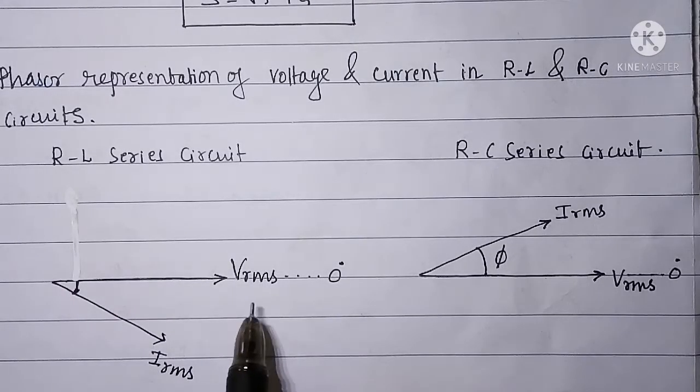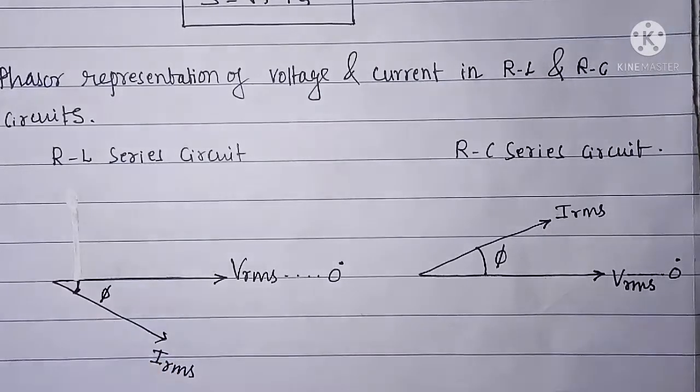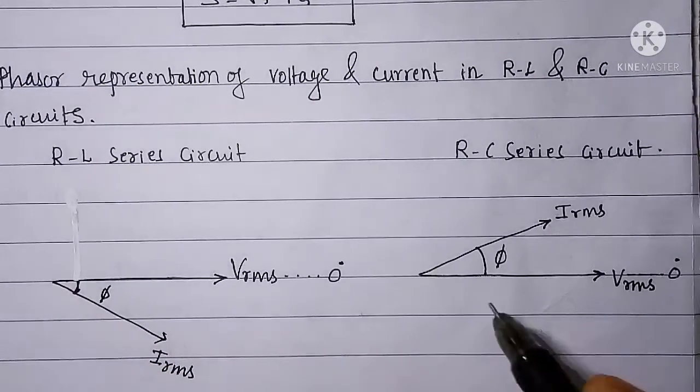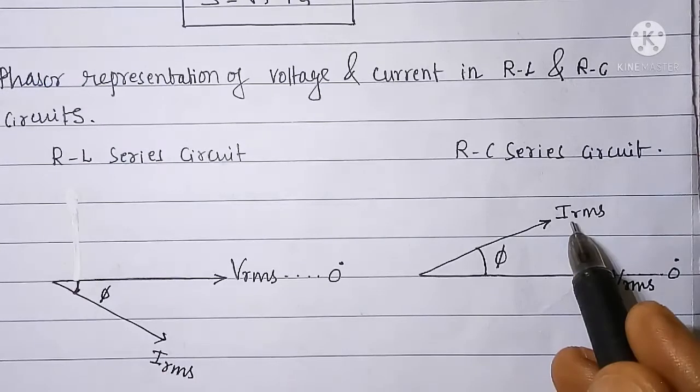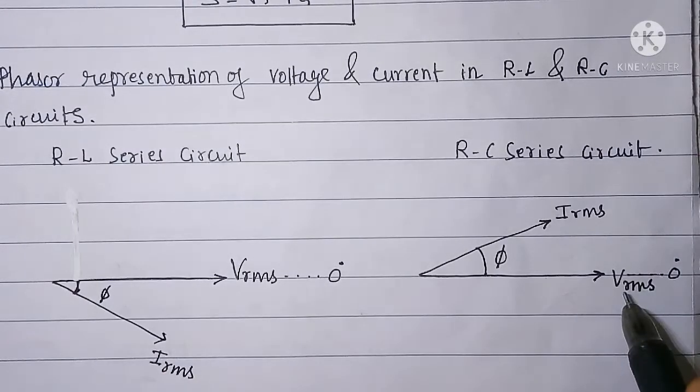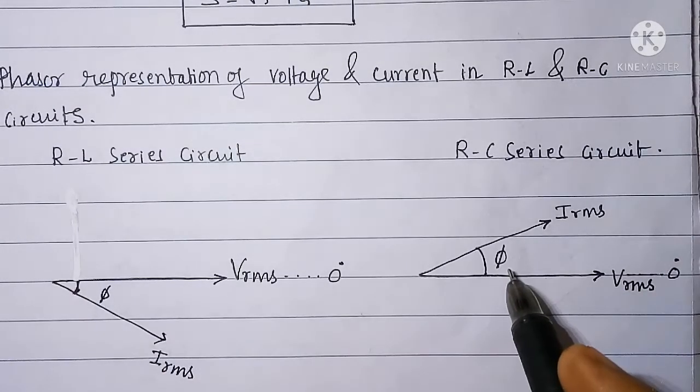In RL series circuit, Irms lags Vrms by phi, and in RC series circuit, Irms leads Vrms by phi.